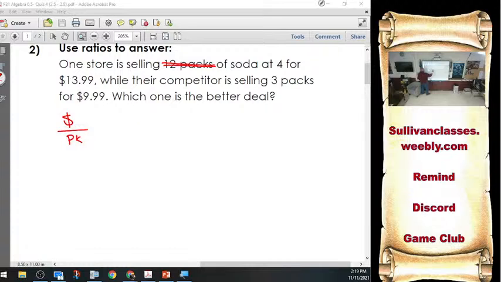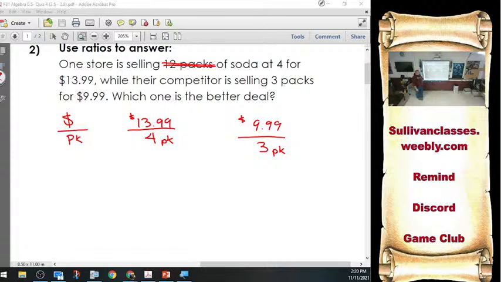So I'm going to say there's $13.99 to 4 packs, or there's $9.99 for 3 packs. Divide them. Grab a calculator. I can't guarantee they're going to turn out nice.